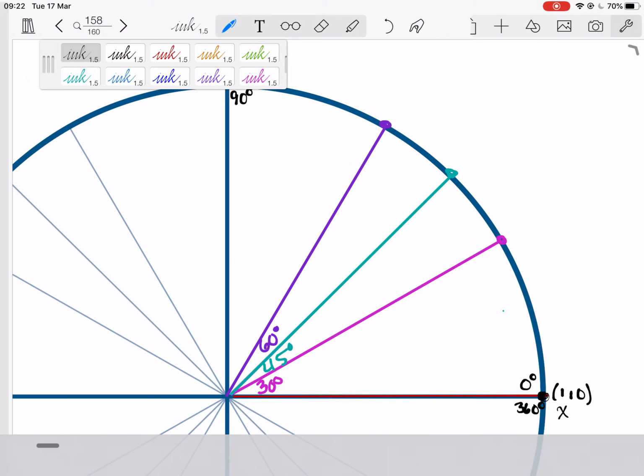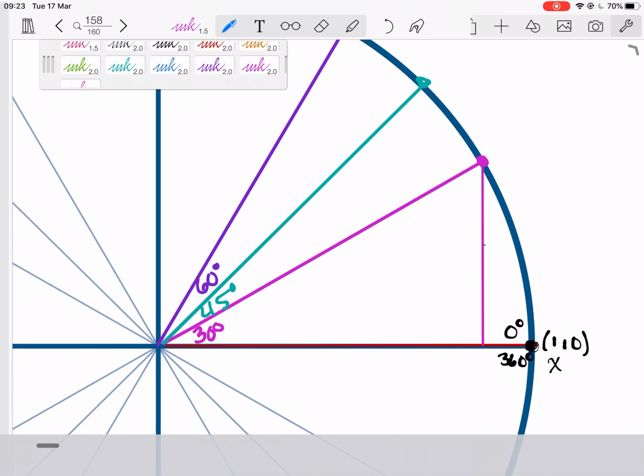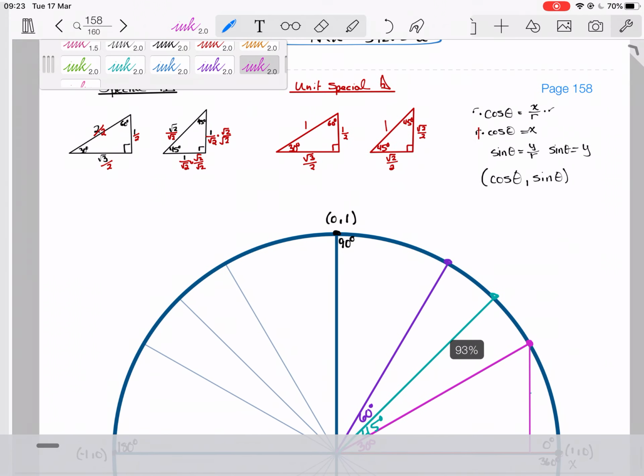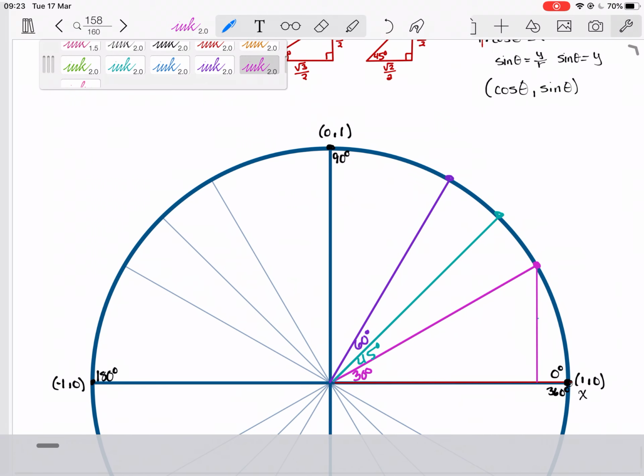So for the first one, I've got a 30-degree angle. So I'm going to turn this into my 30, 60, 90 triangle just by dropping down that opposite side. And so I know opposite my 30 degrees, whenever we did our special unit triangles, is going to be 1/2. So I know that's my y value since we're going up.